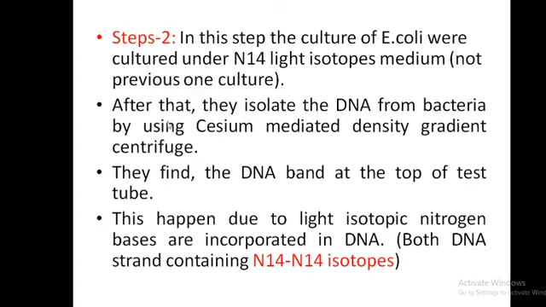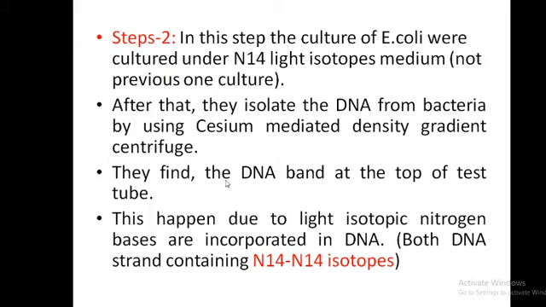Step number 2: the E. coli were cultured in N14 light isotope medium. This culture is totally new, not the previous one. We just have to compare the results from N15 and the results from N14. After that, they isolate the DNA from the bacteria using cesium chloride density gradient centrifugation.